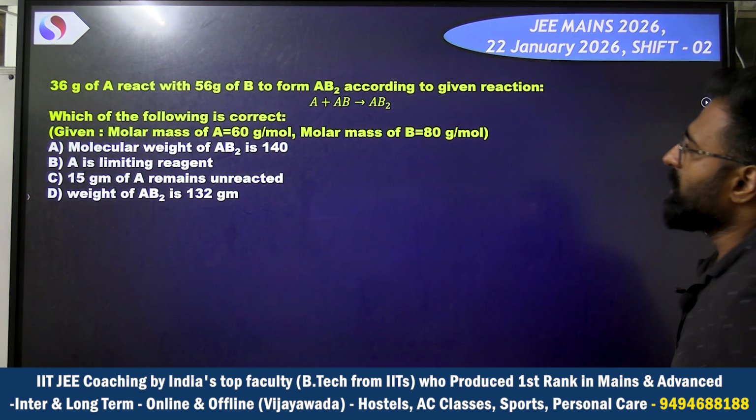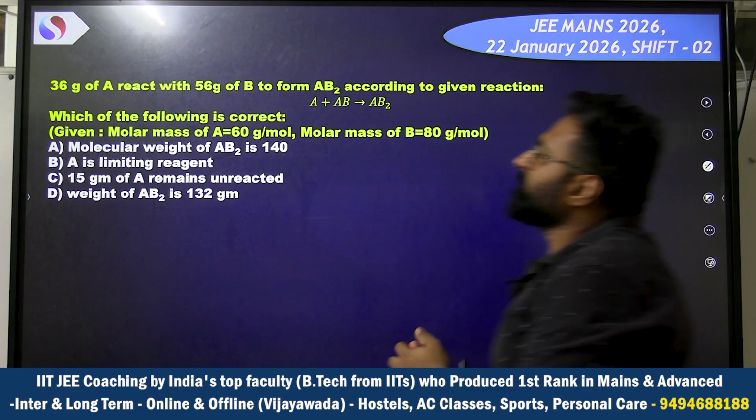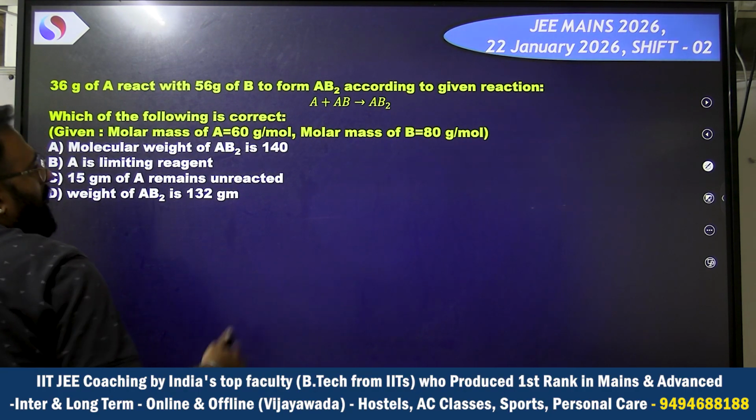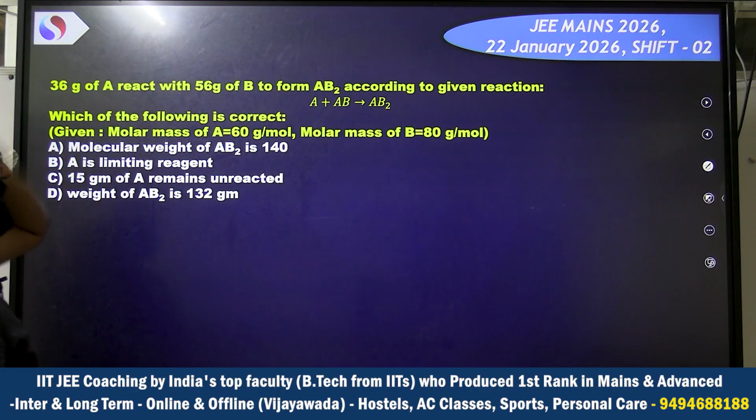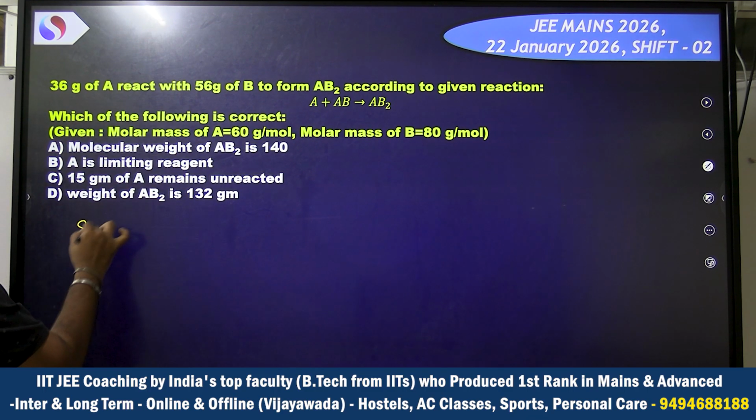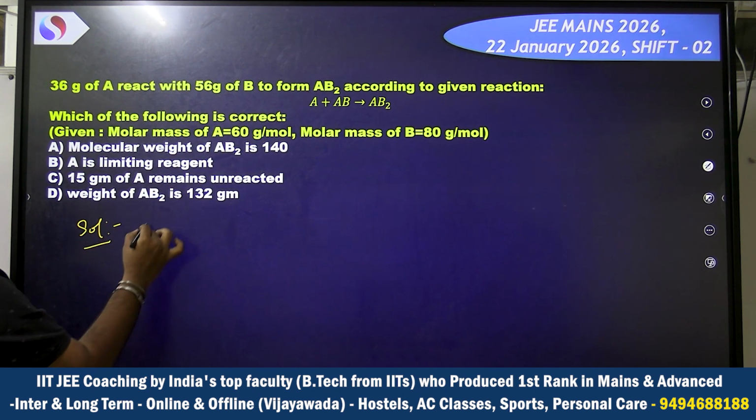Next question. 36 gram of A reacts with 56 gram of B to form AB2 according to the given equation. A plus AB gives AB2. Which of the following is correct? Molar mass of A is 60 and molar mass of B is 80. Now we need to find the molar mass.